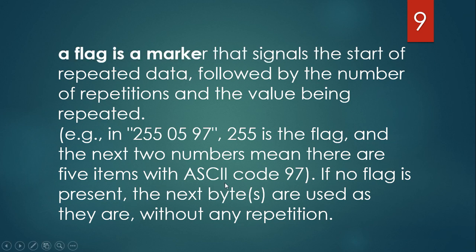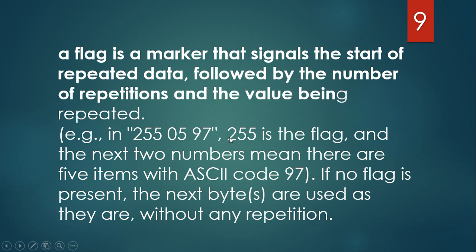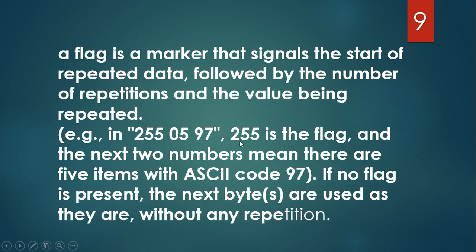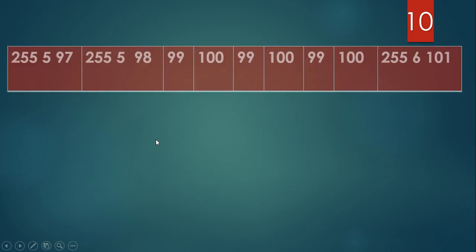For example, in this condition you can see that 255 is the flag. So whenever you see 255 written in the beginning, you can understand that it is a flag. When the characters are repeating, the flag is at the beginning. Let's see in the next slide.